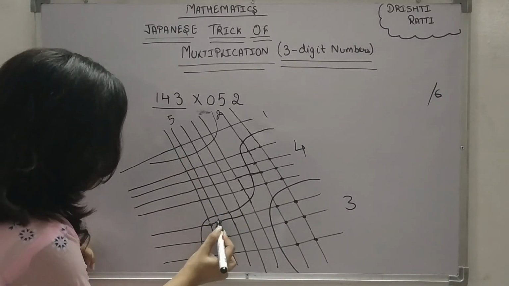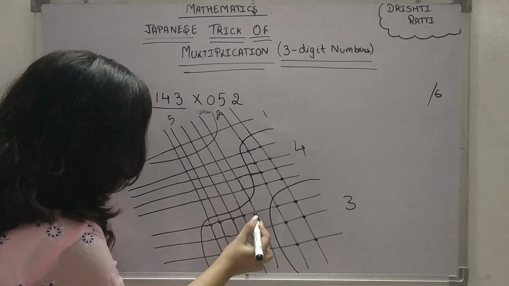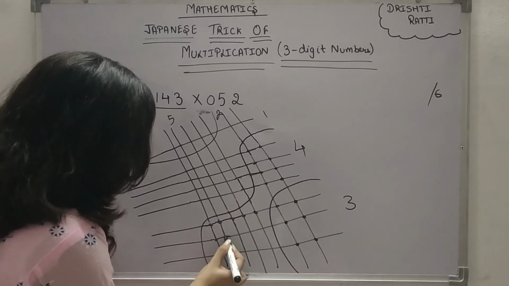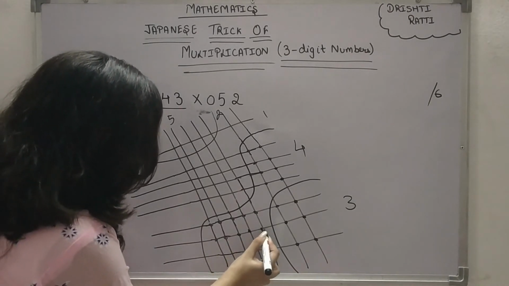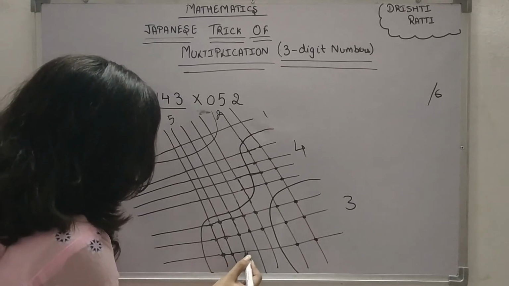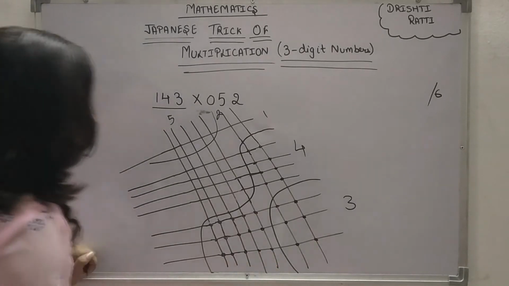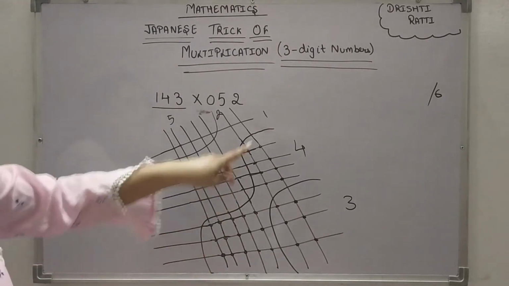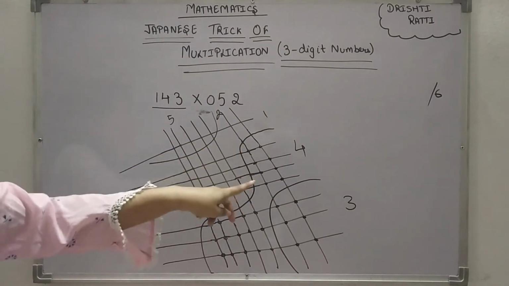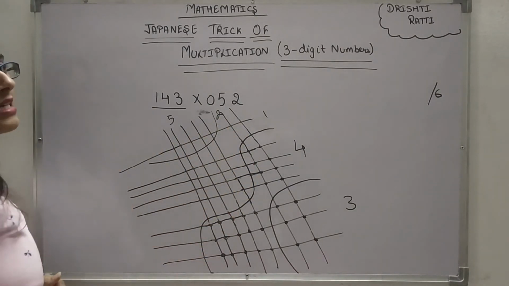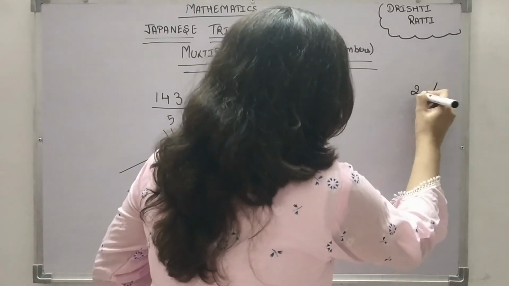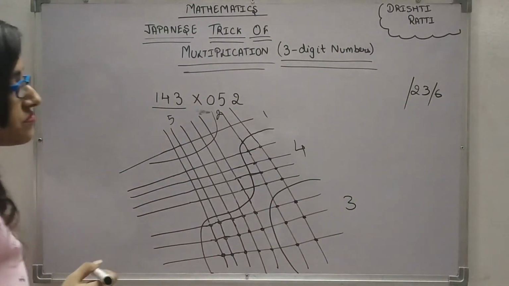You can even count them, 1 through 15. So it was 15 and over here you had 8. So 15 plus 8 is 23. Write that number over here.